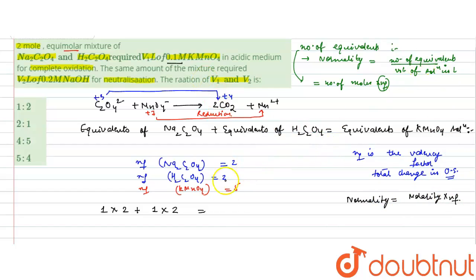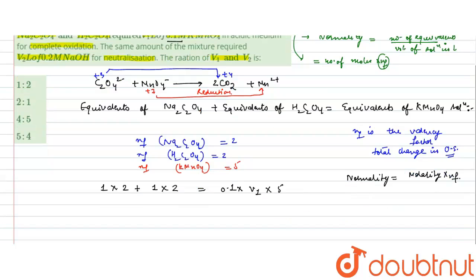Molarity is given 0.1 molar, its volume is V1, and its n factor we have calculated as 5. So we can calculate V1, the volume of KMnO4, from here. It is 2 plus 2, that is 4, and 0.1 into 5 is 0.5 V1. So it will give us V1 as 4 by 0.5, that is 8 liters.